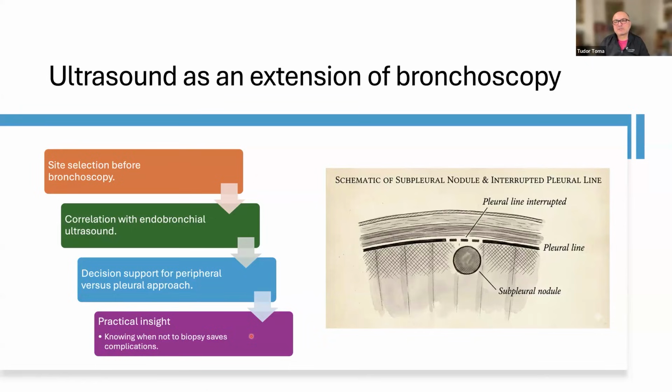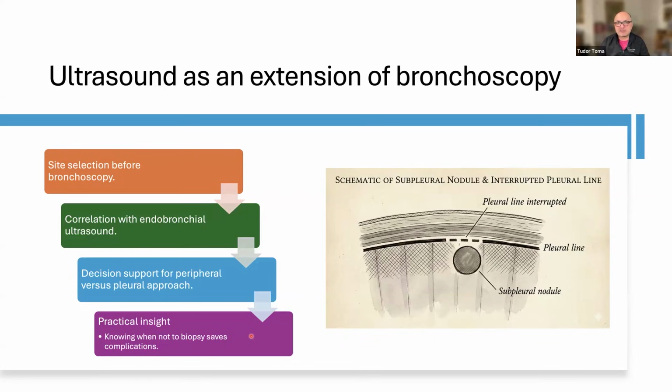And then there is also the potential to use contrast, which also has a role in peripheral lesions. The contrast may help you decide where to put the needle, to avoid the necrotic areas. It can characterize a lesion if it's likely to be benign or likely to be malignant.